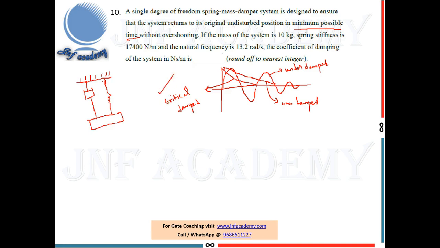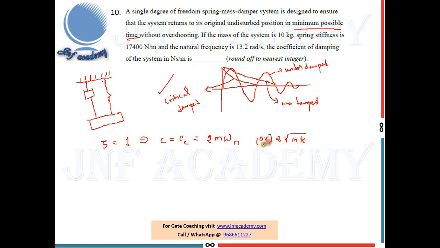So in critical damped condition, our zeta value, that is damping ratio, is 1. Therefore C is equal to Cc. For Cc, there are two formulas. One is 2 m omega n, or 2 root of mk.